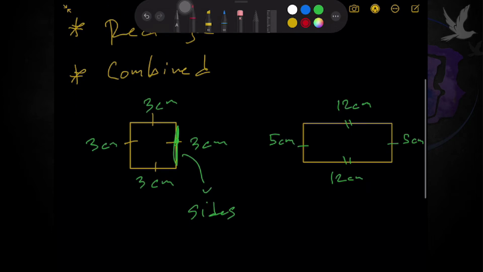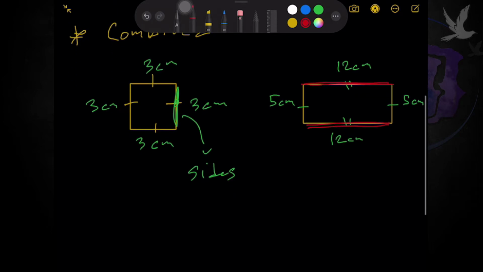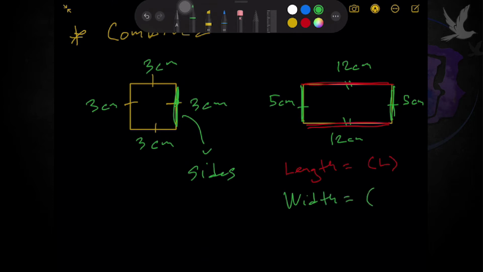For a rectangle naman, we have certain specific terms, such as for this one, top and bottom part. The top and bottom part are called length. Shortcut natin dyan is just L. Okay? For our sides naman, left and right, it is called width. W. Okay.